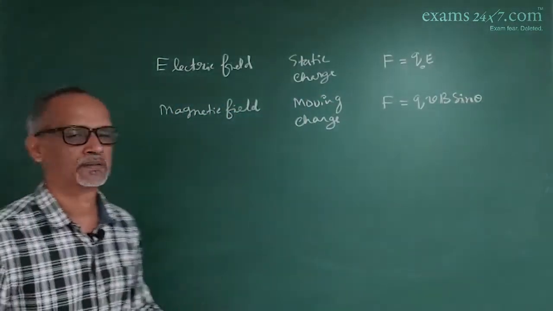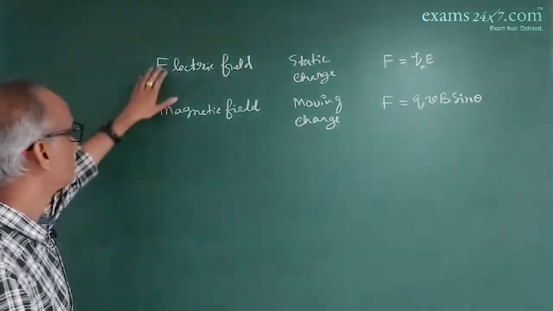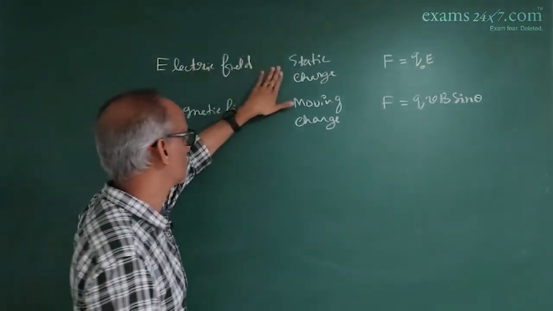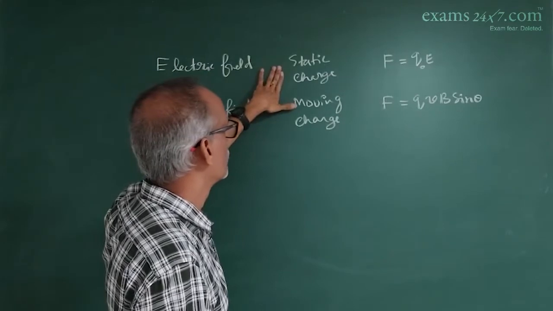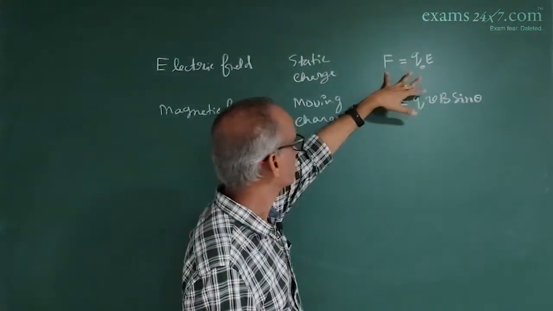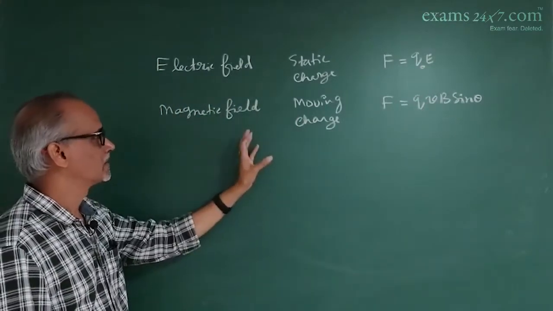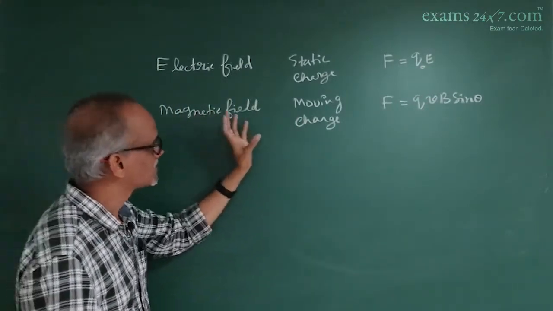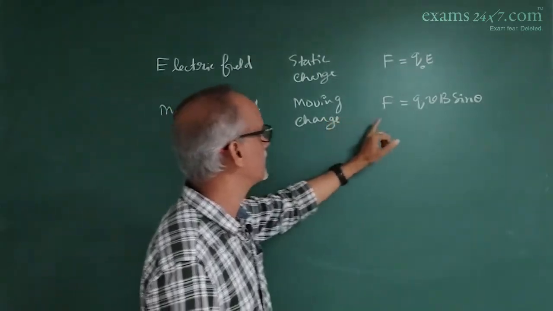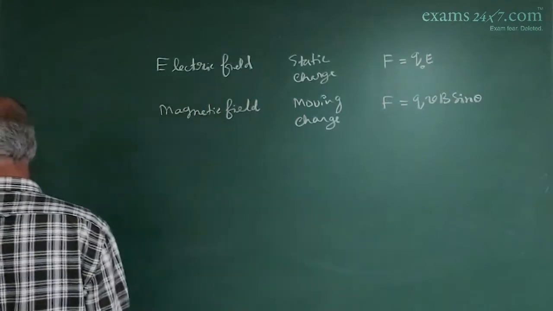So that is the symmetric nature of electric and magnetic fields. In an electric field, if there is a static charge, it experiences the force called electrostatic force. Similarly, if there is a magnetic field and there is a moving charge, then it experiences a magnetic force which is given by Q V B sine theta.